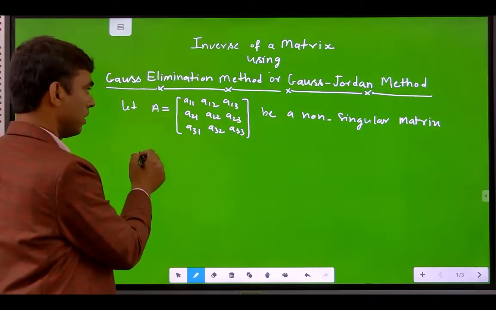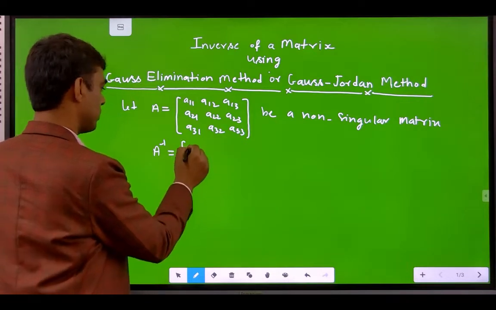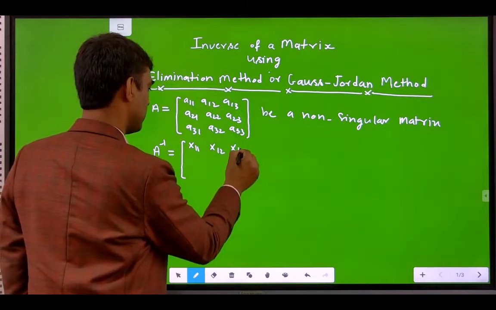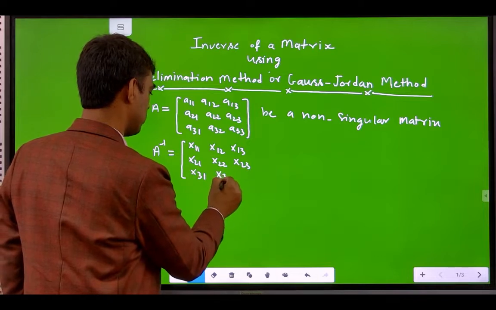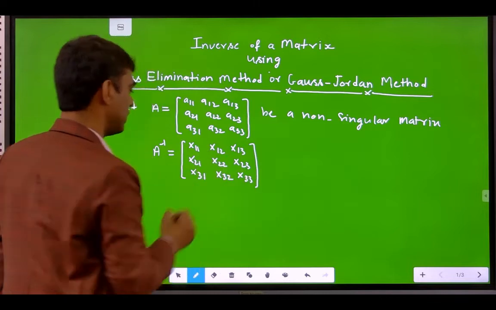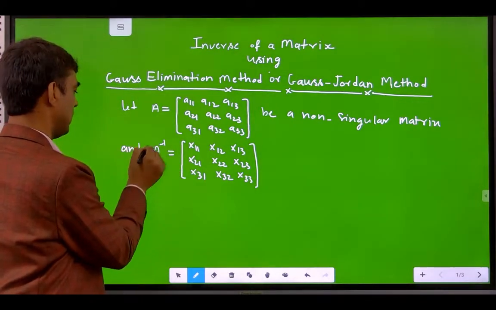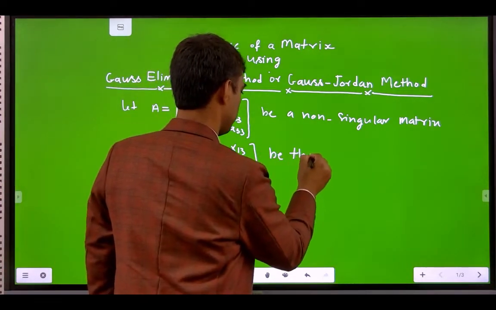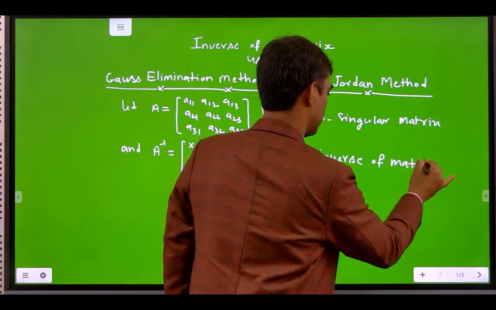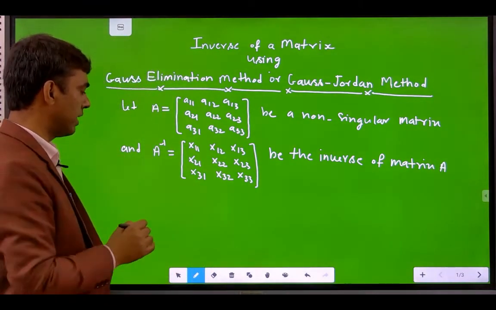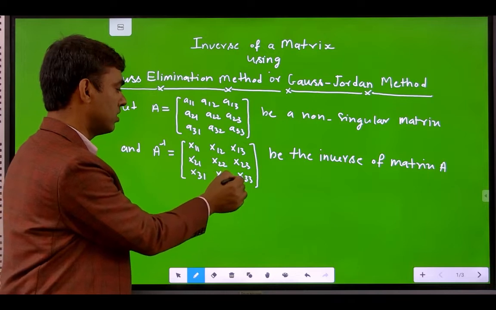So let A be a non-singular matrix and A inverse equal x11, x12, x13, x21, x22, x23, x31, x32, x33, which is the inverse of the matrix A. Now what is our aim?